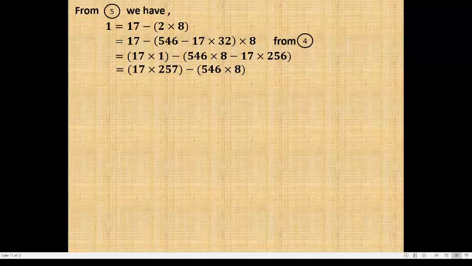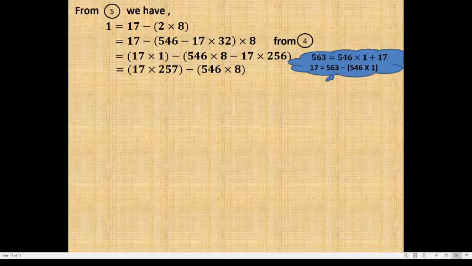Now observe the equation number third. See here, equation number third, 563 equals 546 into 1 plus 17. From this equation we get the value of 17. 17 equals 563 minus 546 into 1. So substitute this value here.